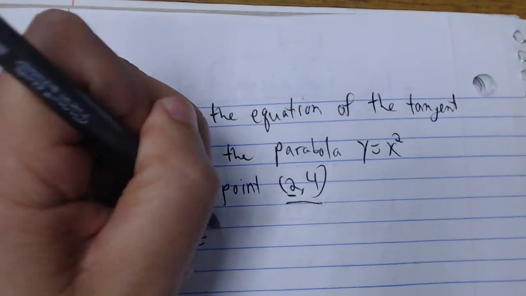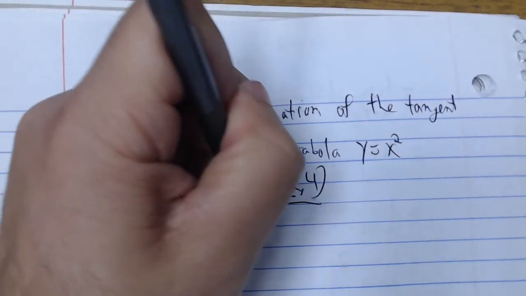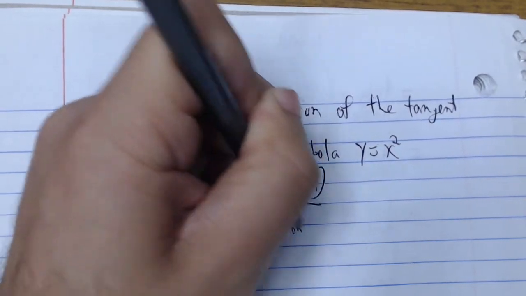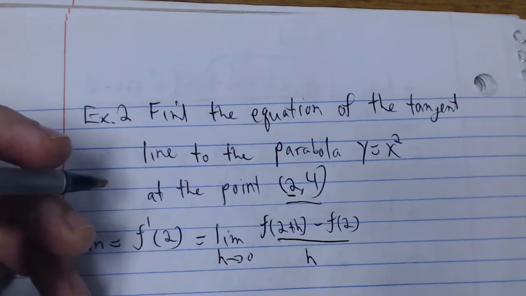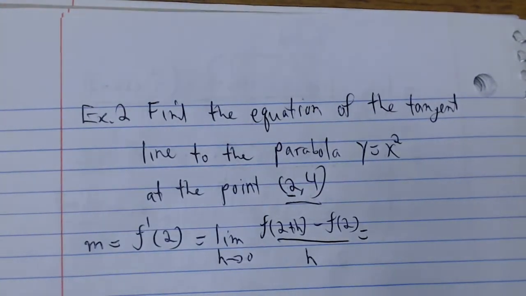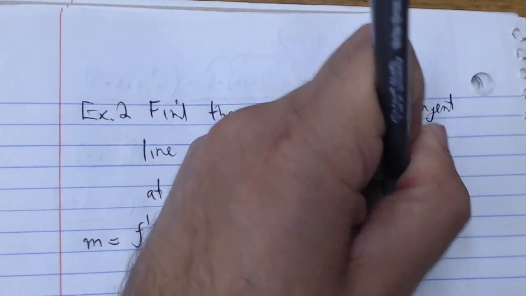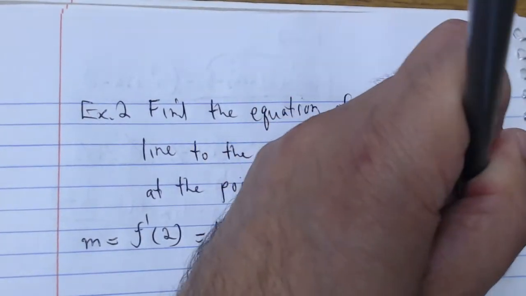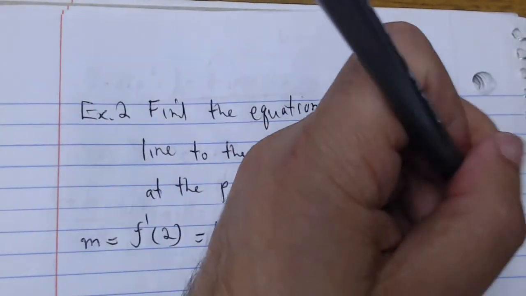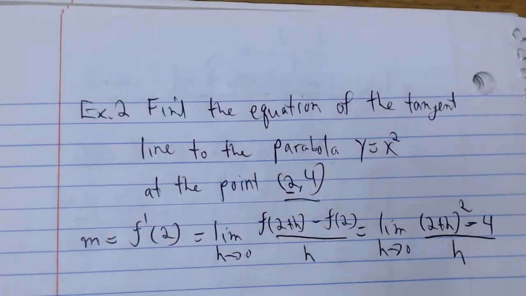So that would mean, by definition, it's the limit as h approaches 0 of f of 2 plus h minus f of 2 all over h, which is equivalent to the limit as h approaches 0 of (2 plus h) squared minus f of 2, which is 4, all over h.